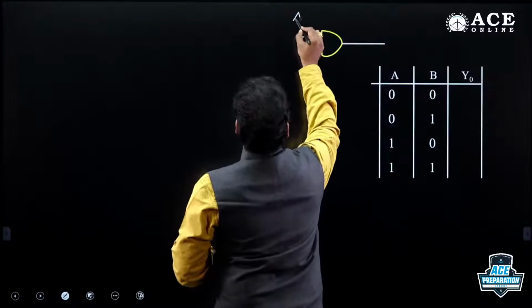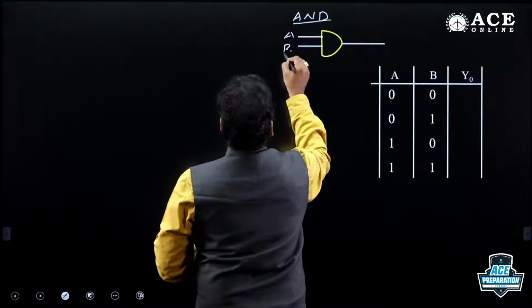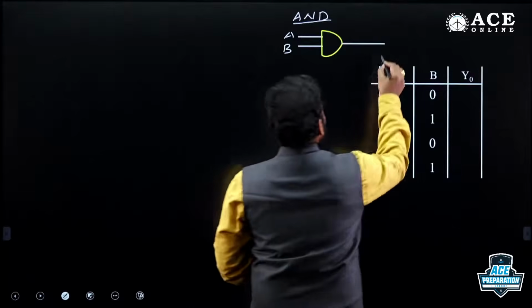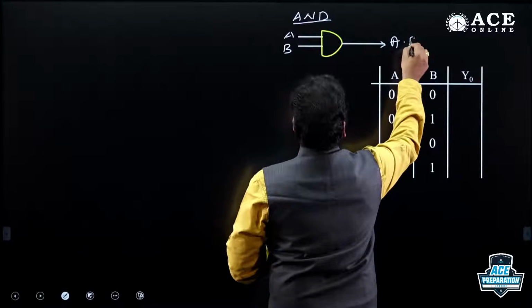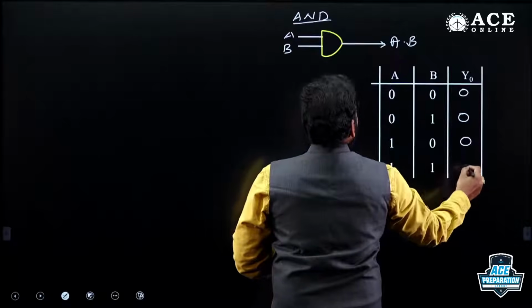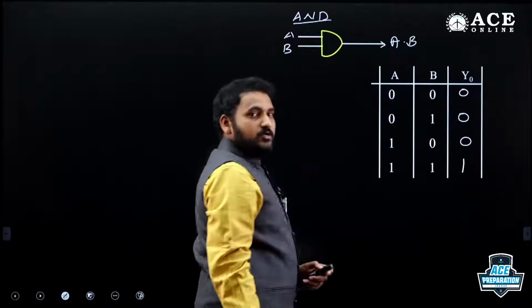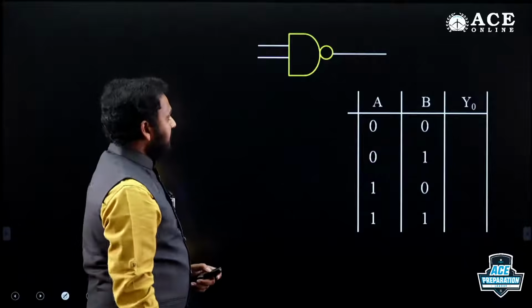And this is the AND gate. A and B are the input variables and the operator is A dot B. If any of the input is 0, output will be 0. It will produce a logic 1 at output only when all the inputs are logic 1.